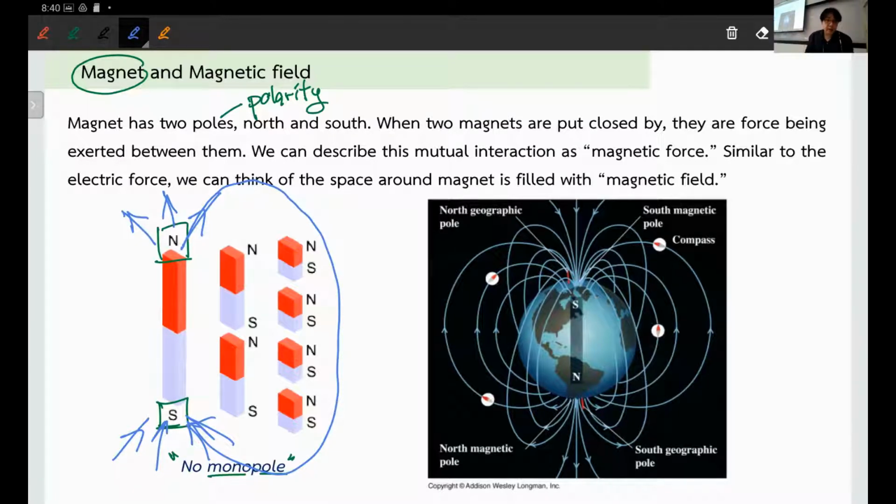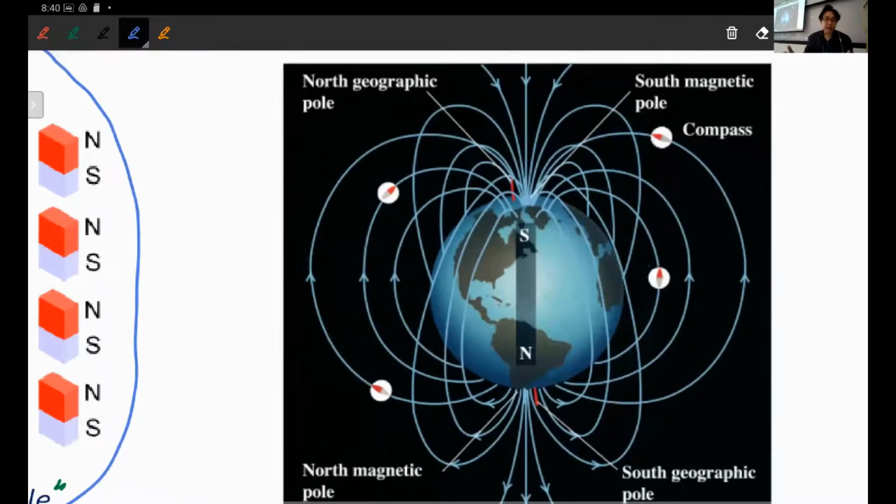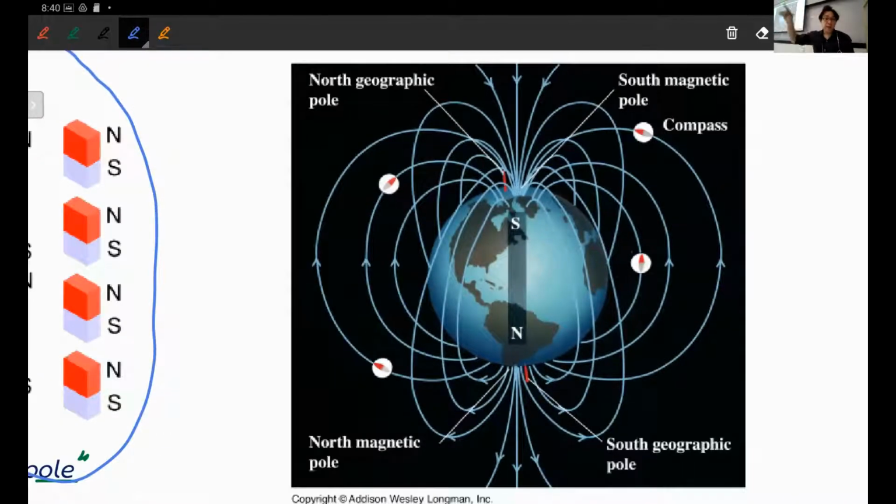Same thing over here, but this one is sort of a restriction. You always get a loop type magnetic field because north and south are always side by side. So that's why I look at the figure on the right. So this is what happens. In general, there will be magnetic field that is like a loop all the time around any magnet.